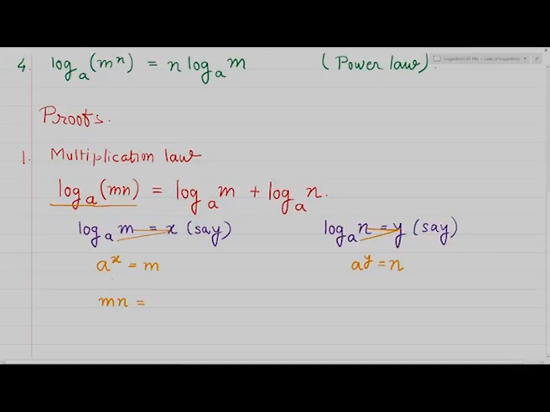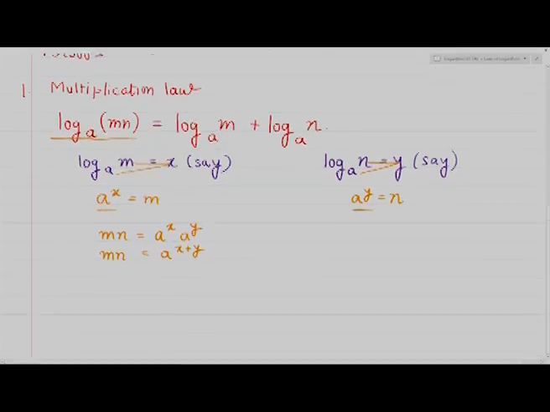So, if I take the product mn, what will it be equal to? According to this, m is nothing but a raised to x, n is nothing but a raised to y. So, it is a raised to x into a raised to y. I will use the law of indices and say that this is equal to a raised to x plus y. So, what I got is m into n is equal to a raised to x plus y.